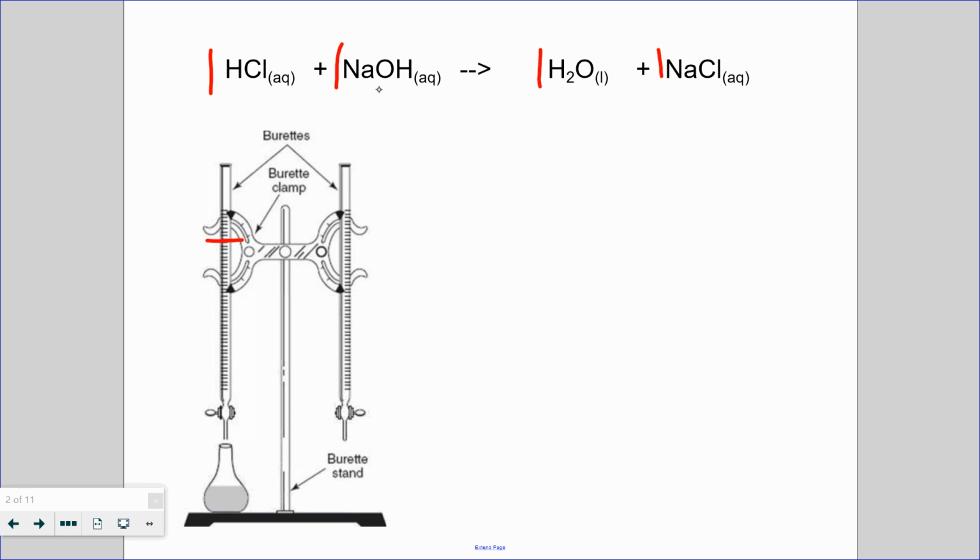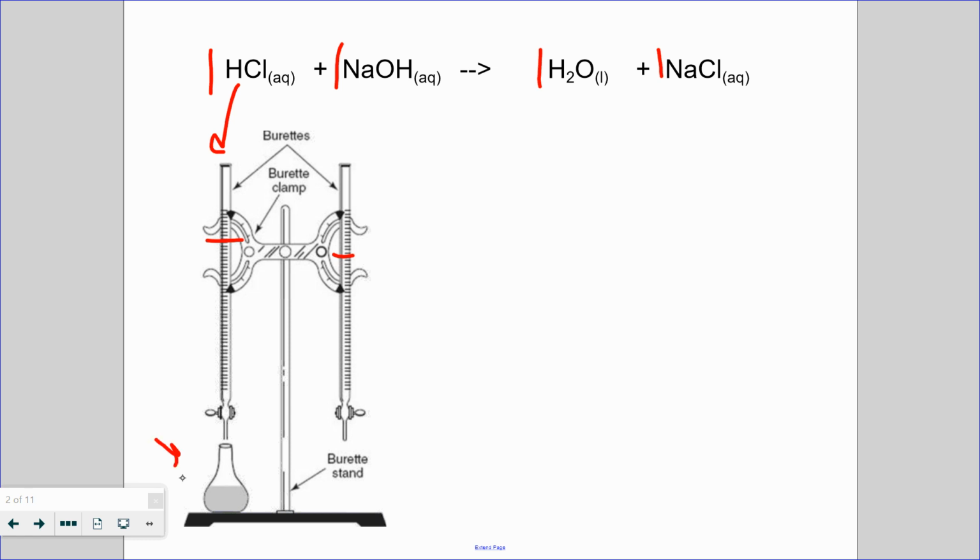And then I'd fill, this is my HCl burette, and then I would fill in my sodium hydroxide burette, and I can't get them to the exact same height, so maybe I filled it to right there. And what's really important is that before I start titrating, I haven't put anything in my reaction vessel down here. There's nothing in this reaction vessel, right?